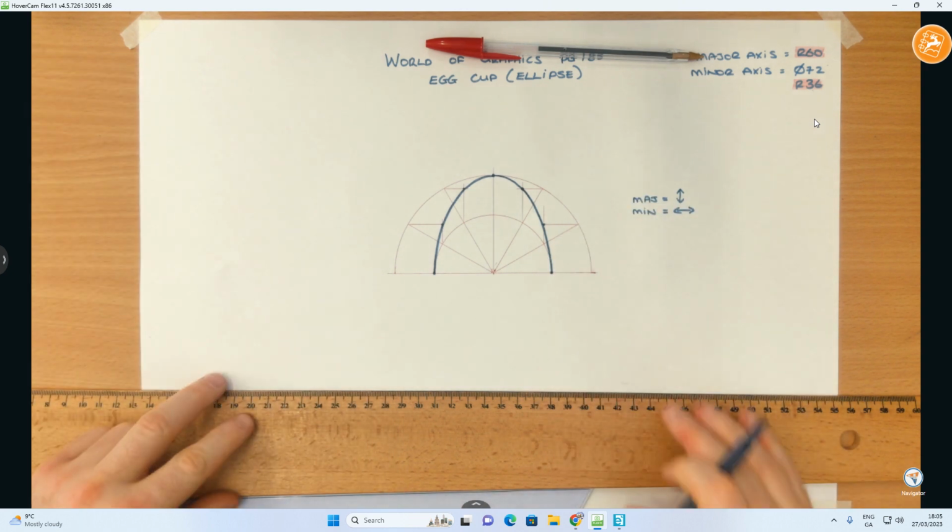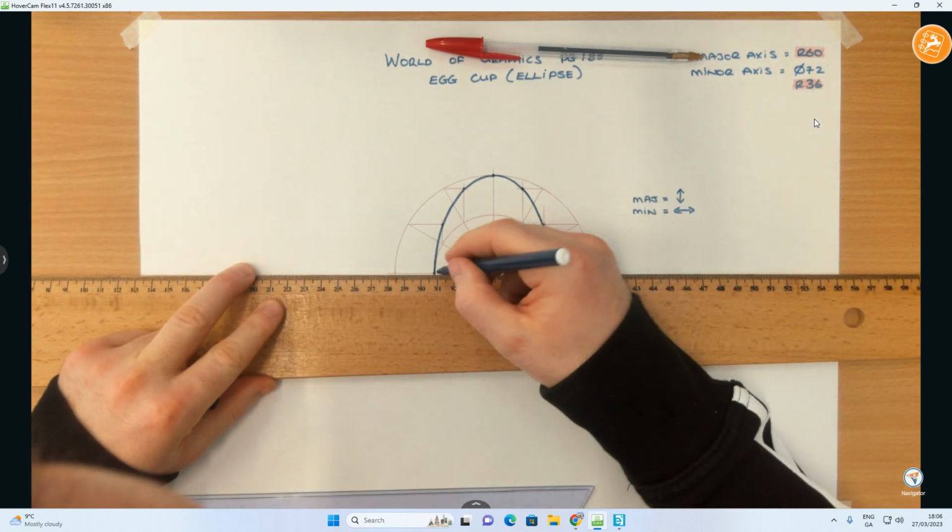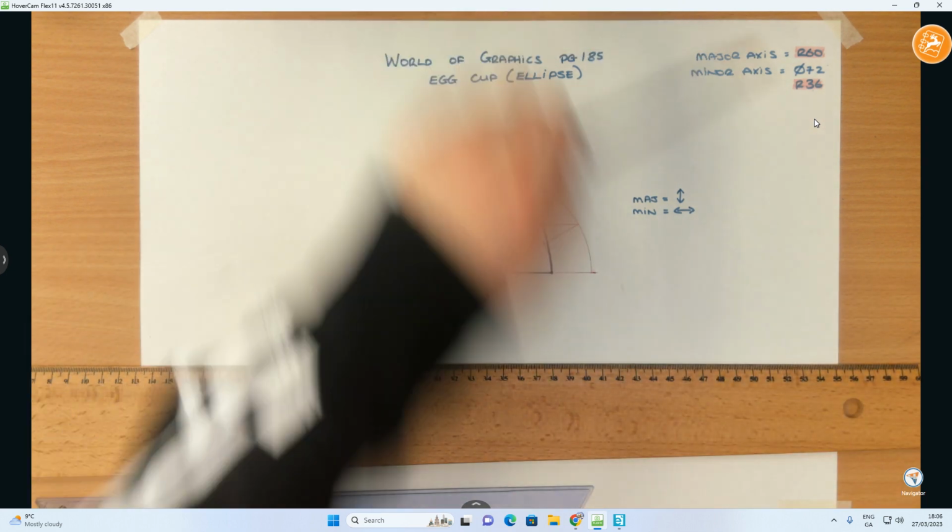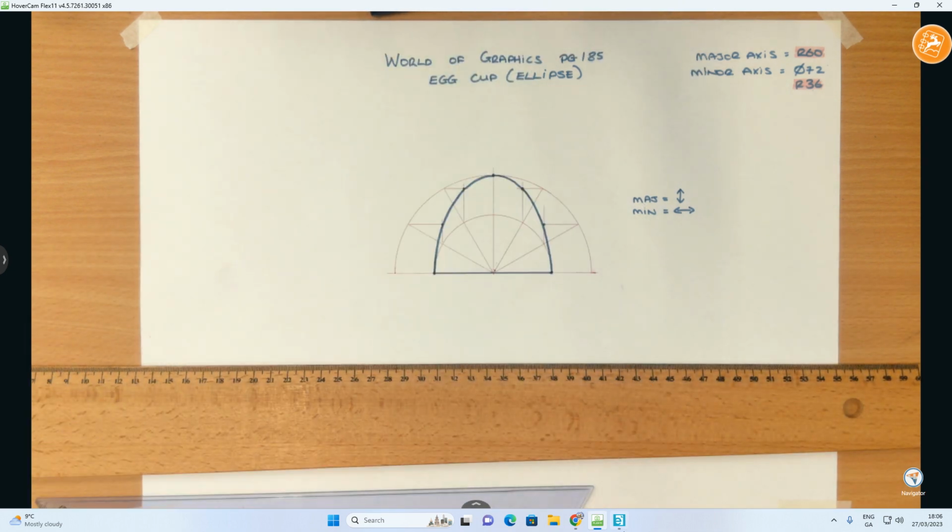And there we have it, okay? And I think I also have to heavy in that line. There is our semi-ellipse.